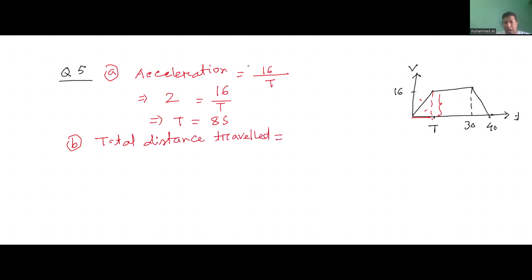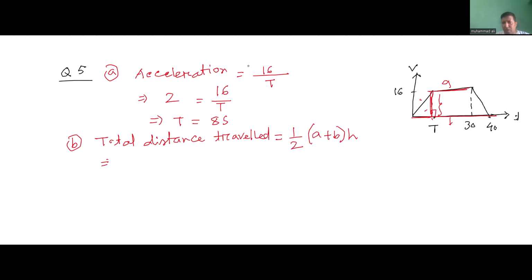What is that? Half the sum of the parallel sides. Like we consider this is A, that one is B. So half of A plus B into H, where H means the perpendicular height.